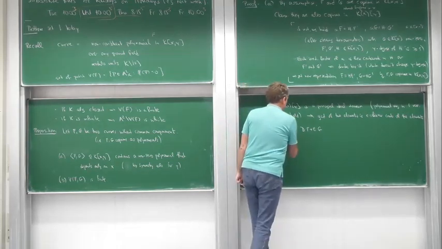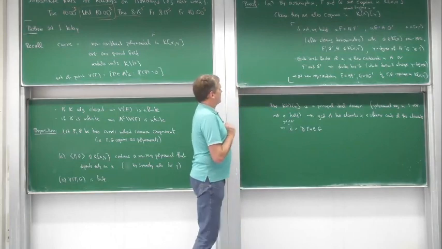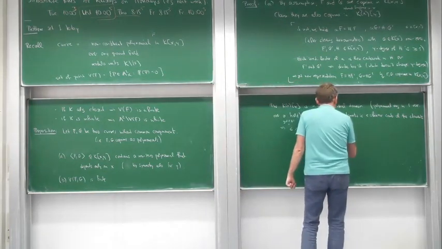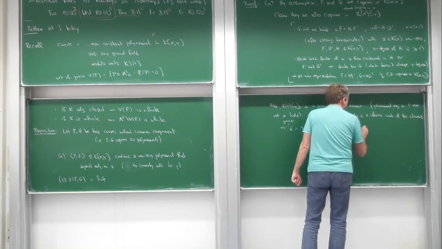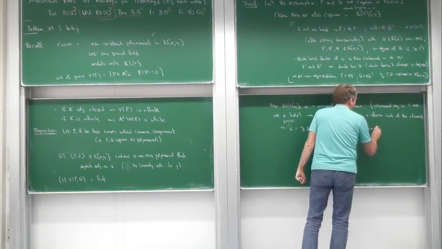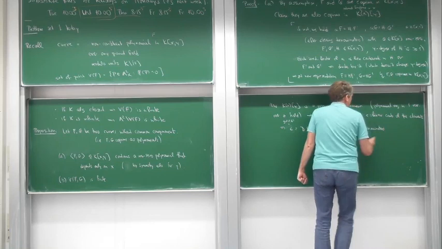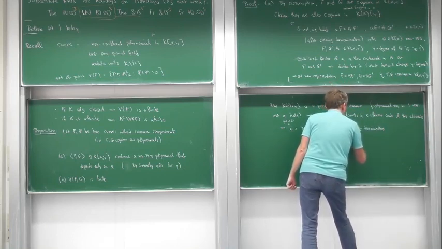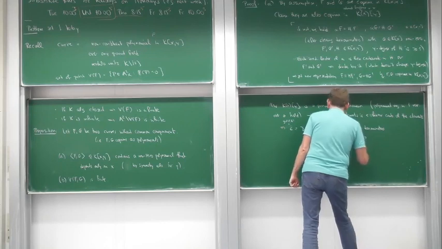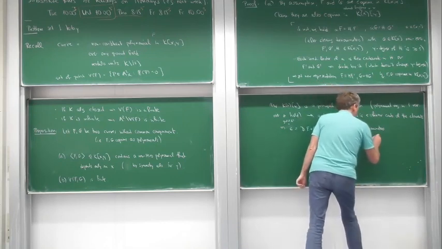So after clearing denominators, I don't have a 1 here, but something I call C in the proof. That would hold then after clearing denominators, where now C is a polynomial only in X, which is non-zero, and D and E are just polynomials.